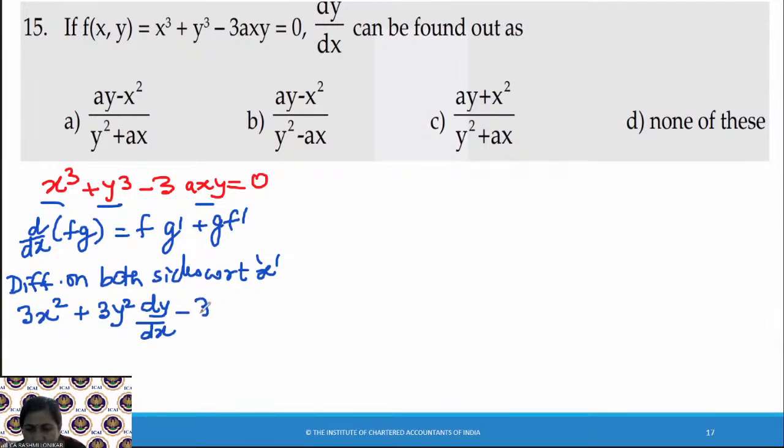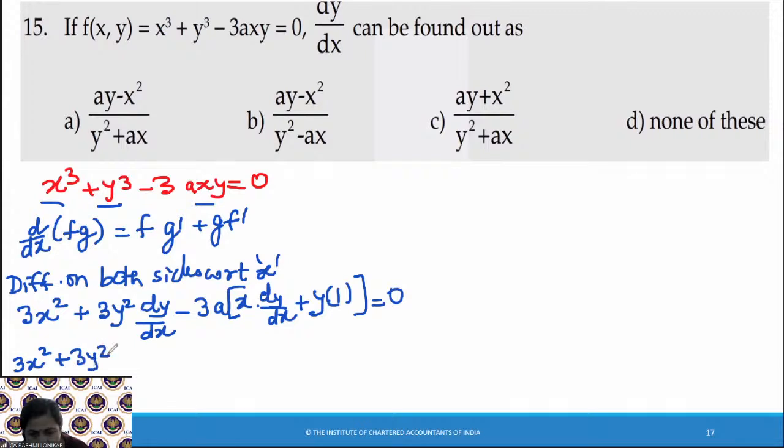Then minus 3a is common. First function x into derivative of second function, dy by dx, plus second function y into derivative of first function, which is 1, is equal to 0.